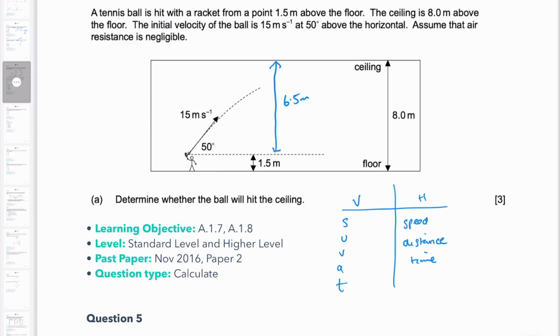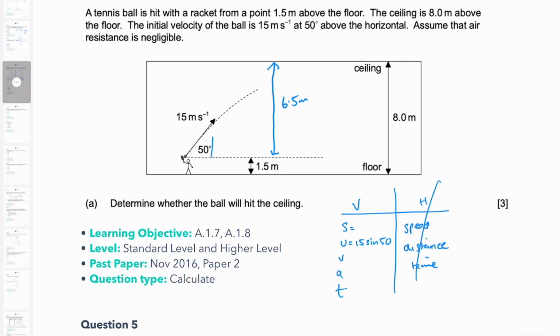But actually, we don't really care about horizontal because we're only interested in how high it's going to go. We know its initial speed is 15 sine 50 because we only want the vertical component of this velocity.